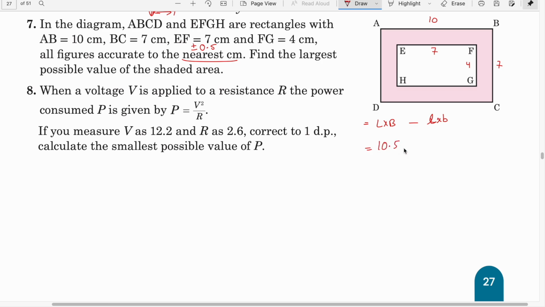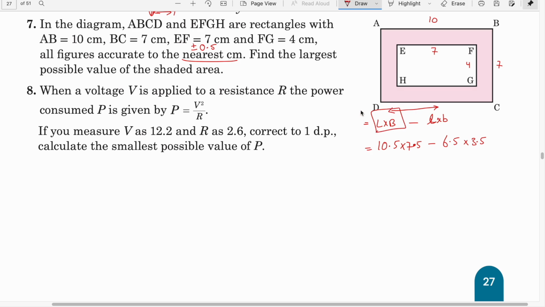10.5 into 7.5. And values for inner rectangle, 6.5 into 3.5, because we need a larger difference.